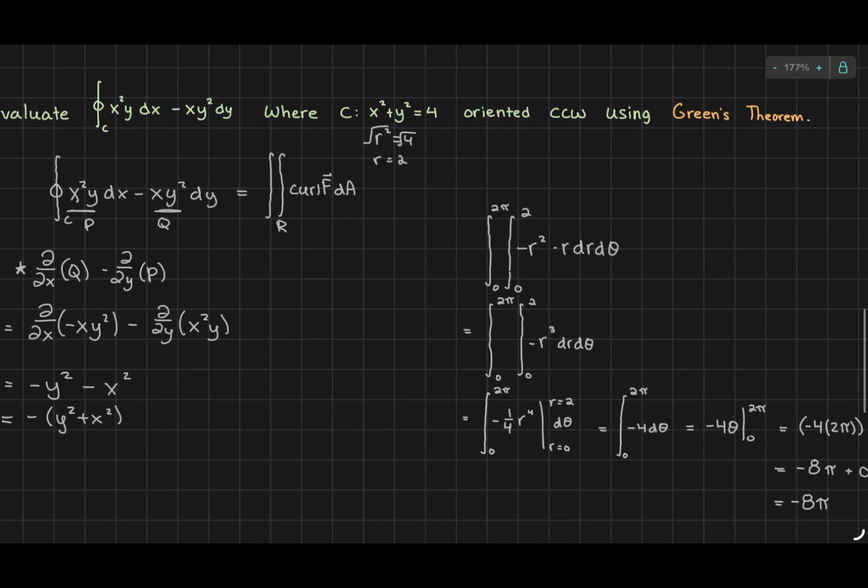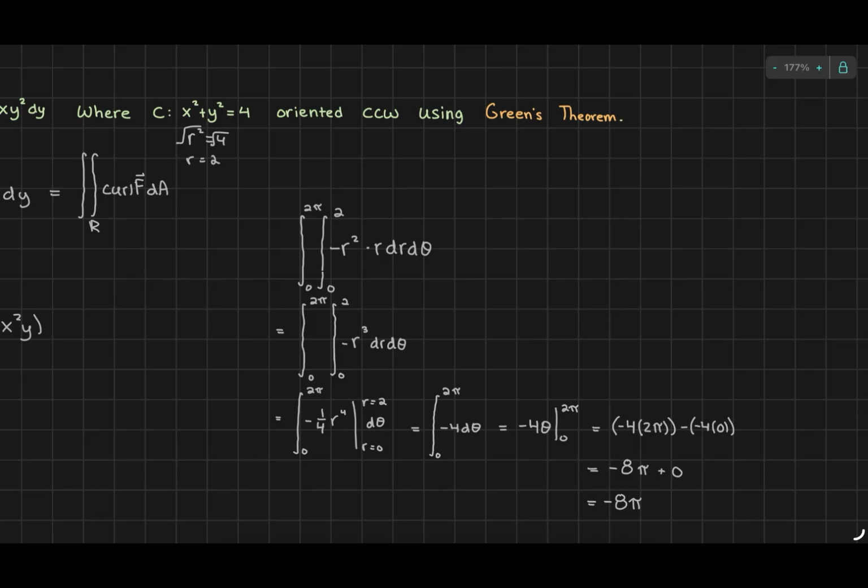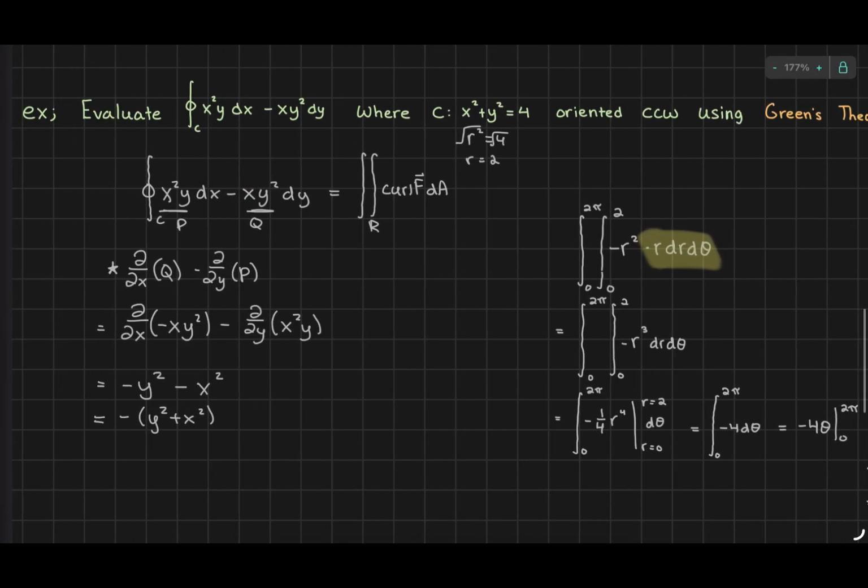Any more notes here? Notes that I've made prior when we were doing polar coordinates: just don't forget this r, dr, d theta. That r right there. If you forget that, then your answer is just going to be completely wrong. Another note, oriented counterclockwise. I made that point in the beginning.